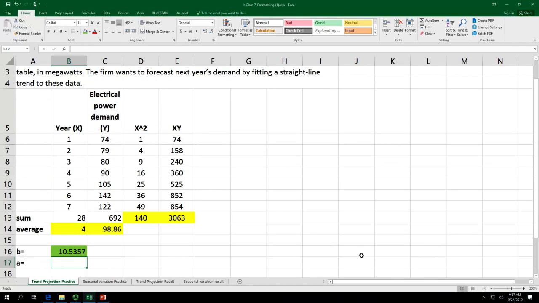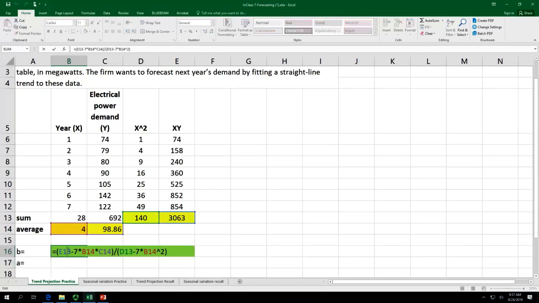Can we go back to the equation? Here. I can make the equation a little bit bigger.